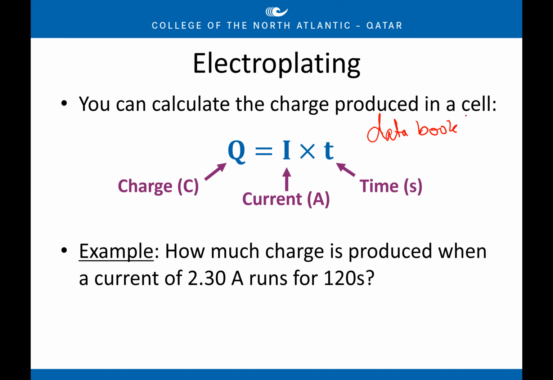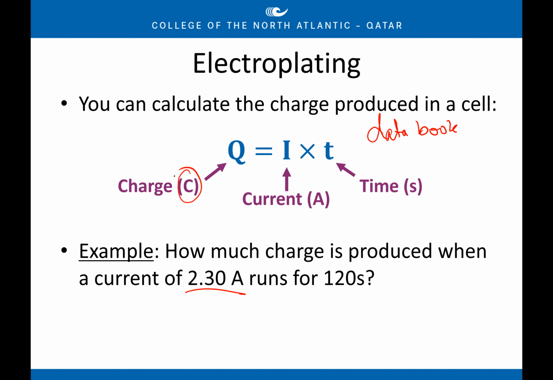This is not the example I would waste my time on. This is just getting you guys prepped. How much charge, Q, is produced when a current of 2.3 amps. We always measure current in amps and charge with C or coulombs. How much charge is produced when a current of 2.3 amps is running for 1.2 seconds?